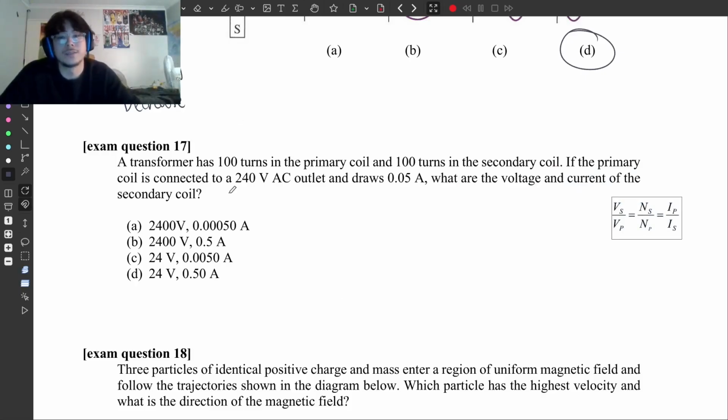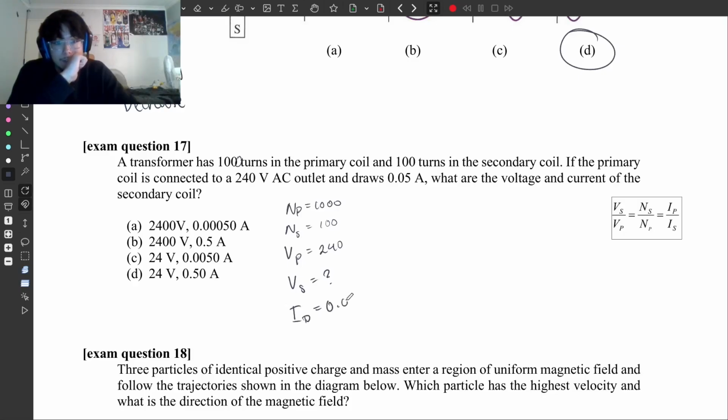So I think that this is meant to be 1,000. It's a typo. So we have that NP is equal to 1000, NS, I'm just going to write down our variables, equals 100. Voltage in our primary is equal to 240. Voltage in our secondary is equal to unknown and draws 0.05 amps. So this is our current of our primary is equal to 0.05.